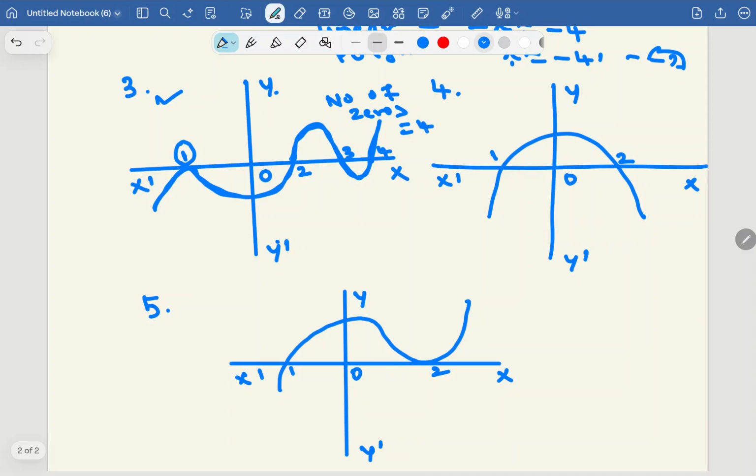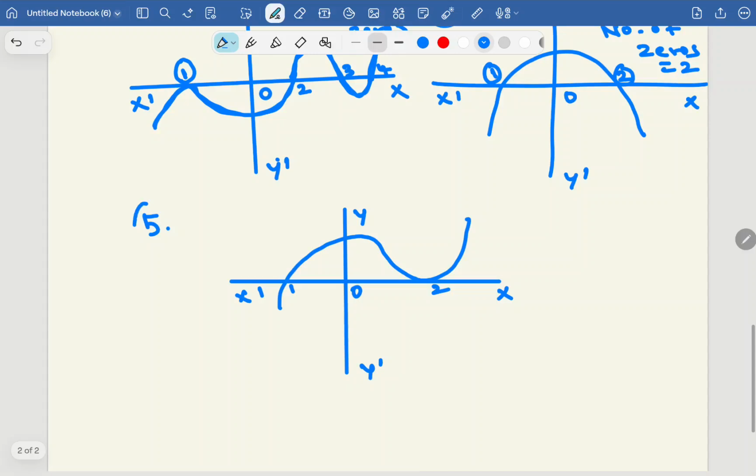Here in this example 4, the curve cuts at 2 points. Here the first point, here is the second point. The number of zeros for example 4 is 2. See, in the fifth example, I am drawing one curve.